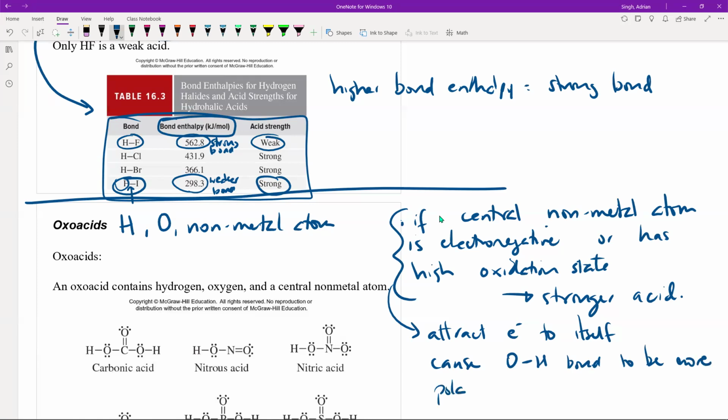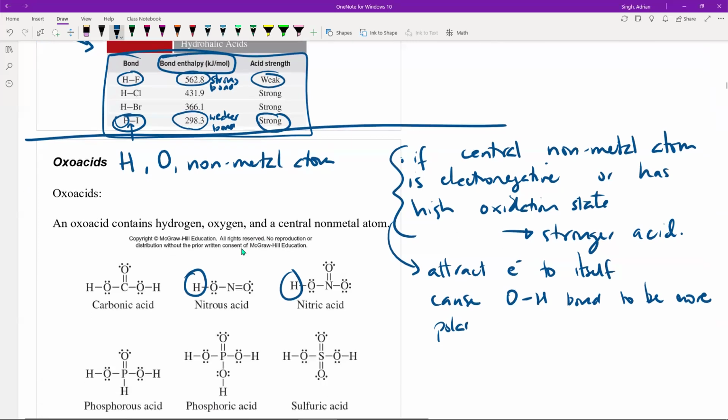And if it does that, well, then we have a separation of charge. It's easier now, for example, for that H to be lost in the examples shown.